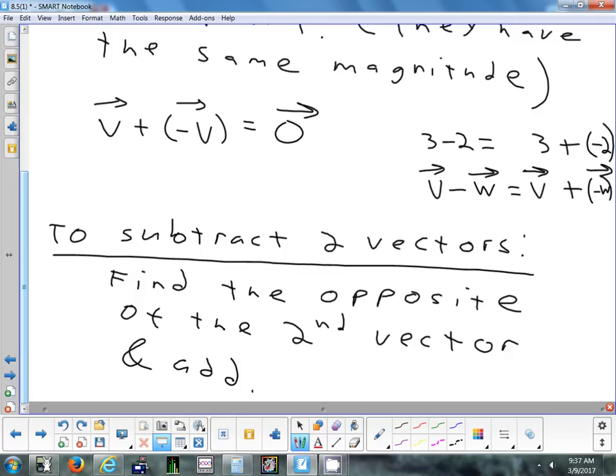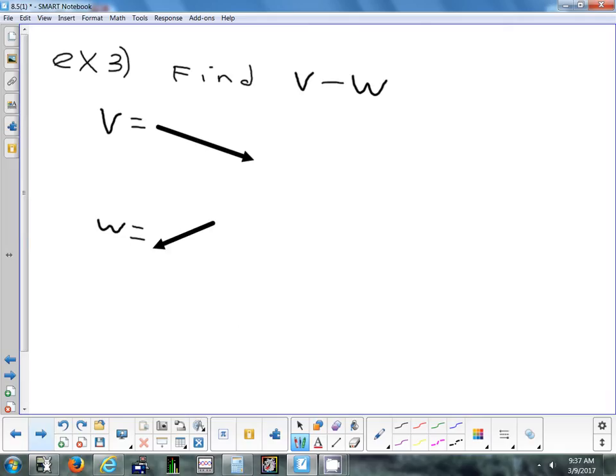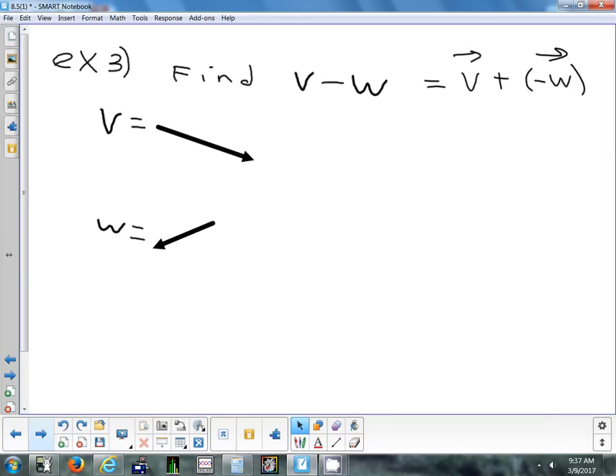Okay, so let's try an example where we subtract two vectors. I want to find v minus w visually. So I'm going to think of this as v plus negative w. What's the first thing that I need to find here if I want to do this? The reverse of w. I need the reverse of w.